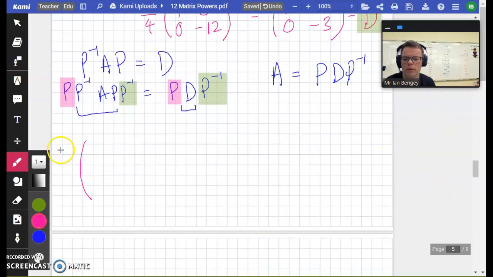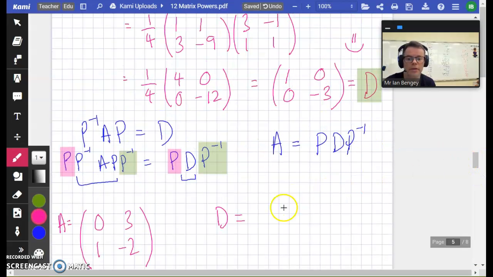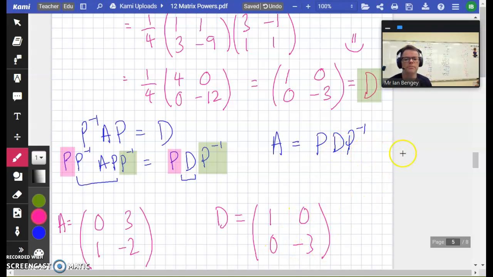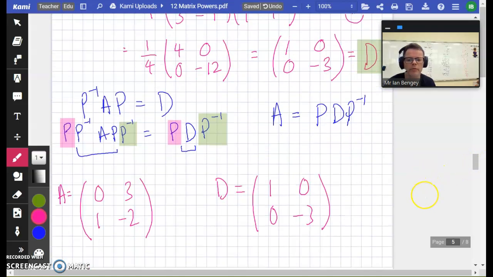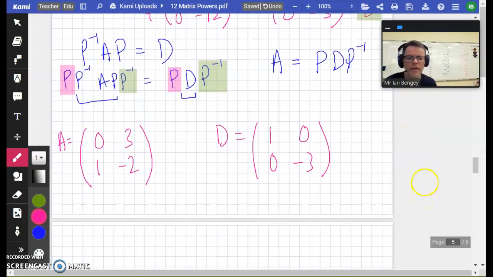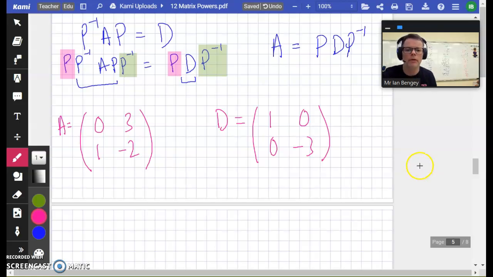And I've got my diagonalized matrix D, a diagonalized version of A, as 1, 0, 0, negative 3, using that very clever matrix P. So you might still be thinking, where did I get that from? Well, we'll find that out next time, when we look at eigenvectors and eigenvalues.